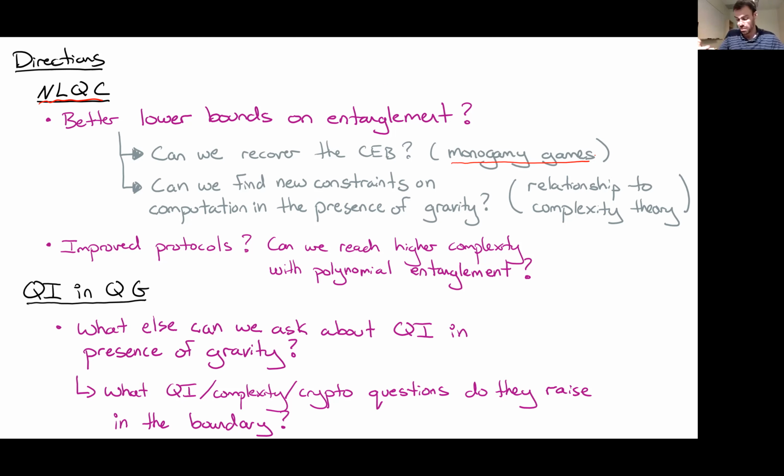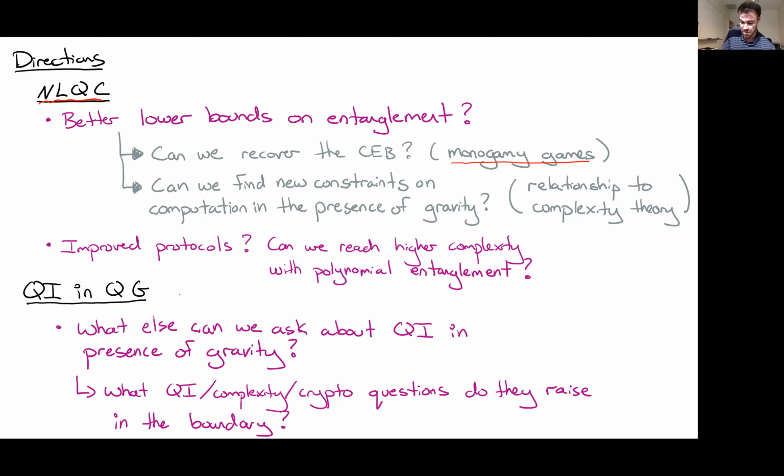Beyond that, we're interested in trying to prove new constraints on computation in the presence of gravity. And there, the route forward seemed to be thinking about what the right kind of lower bound would be, and understanding in a bit of detail the relationship to complexity theory there, and what that says you can expect to be able to do, and maybe should be wary of thinking you could do.